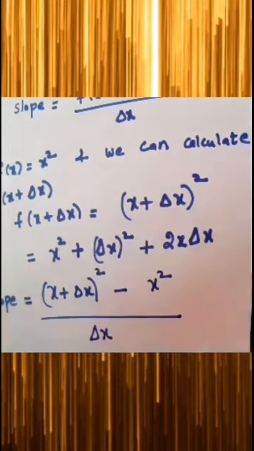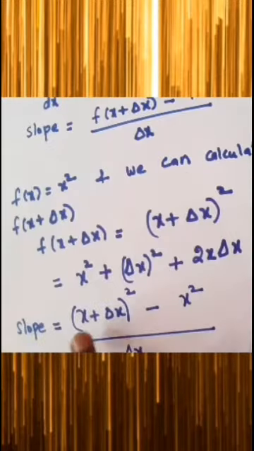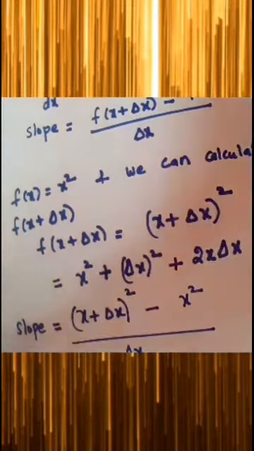Okay, students. Now we will expand the slope, and we'll again use the formula (a plus b) the whole square. What is (a plus b) the whole square? a square plus b square plus 2ab. So that is x square plus, okay, a square plus b square. b square is delta x the whole square, plus 2 into a.